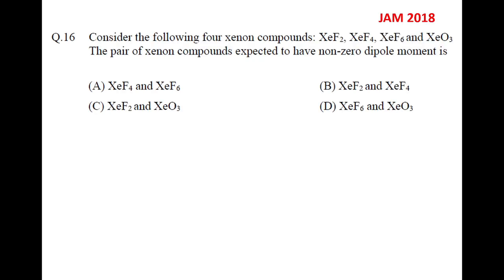Next, another question. Consider the following 4 xenon compounds: XeF2, XeF4, XeF6, XeO3. The pair of xenon compounds expected to have non-zero dipole moments means the shape of the molecule has non-zero dipole moment, that is, the dipole moment cannot be zero. So we have 4 xenon compounds.